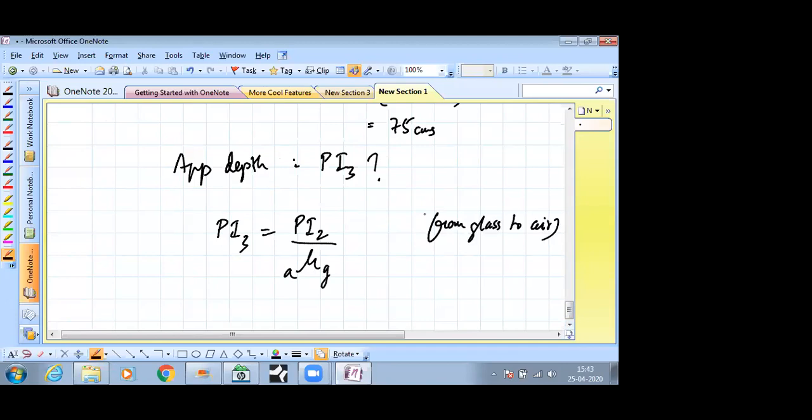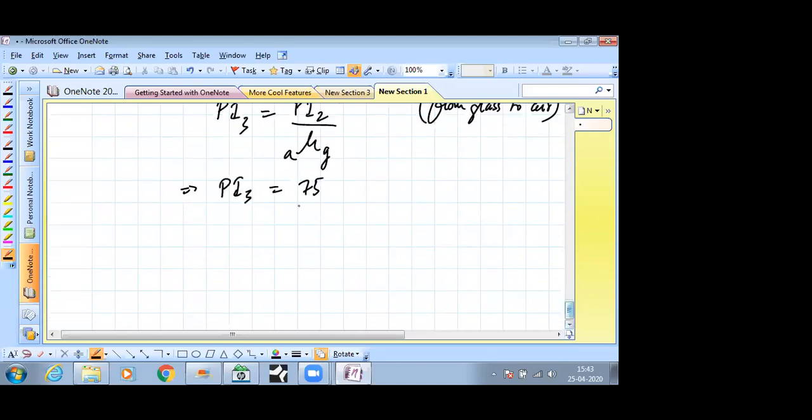So PI3 should become 75 divided by the refractive index of glass, that is 3 by 2. So 2/3 of 75, that is 50 centimeters.